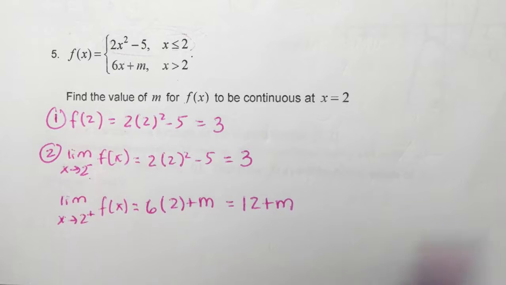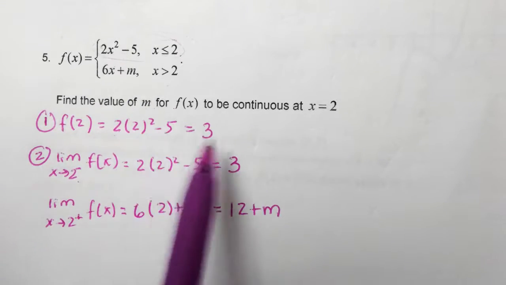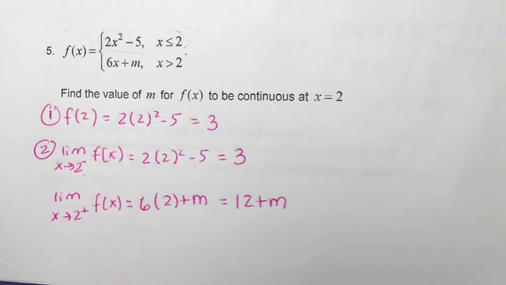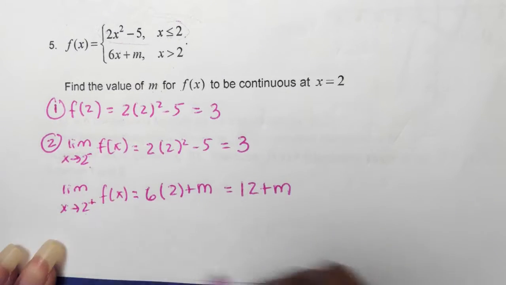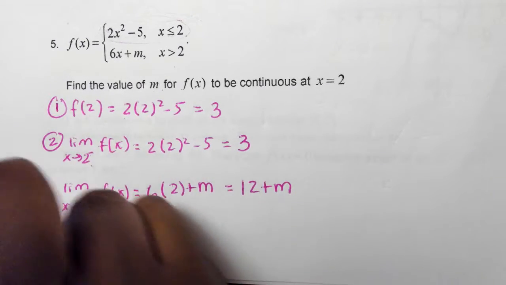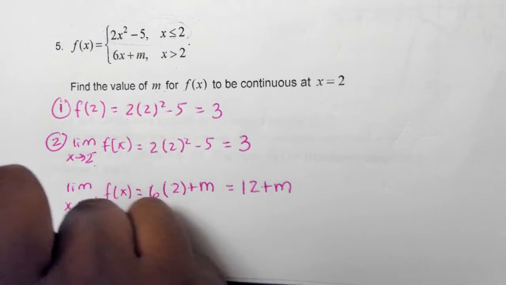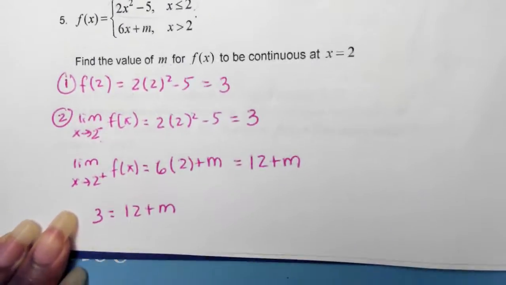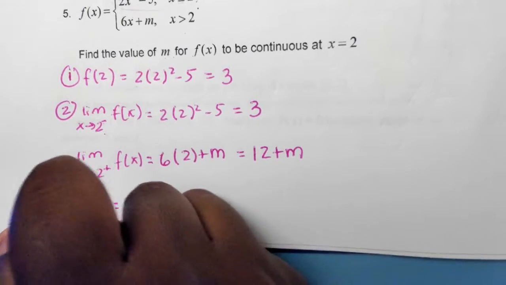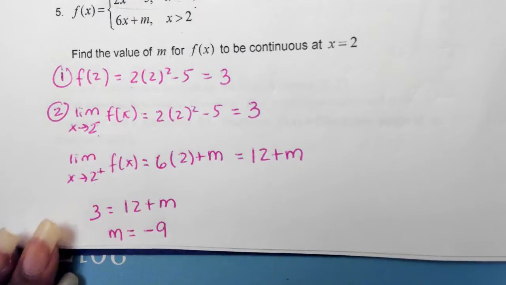When we simplify this, we get 12 plus m. Now, our goal is to find a value of m where f of x is continuous. And we know that in order to have continuity, the left hand and the right hand limits must be the same. So if we set our left hand limit of 3 equal to our right hand limit of 12 plus m, we see that m must equal negative 9.